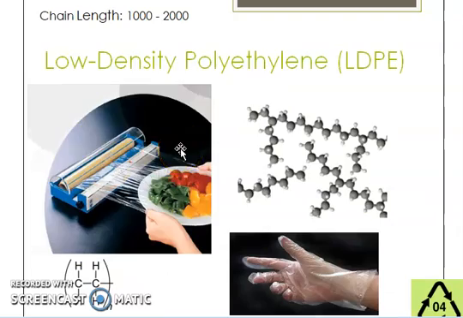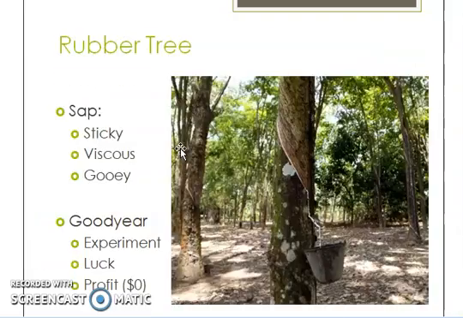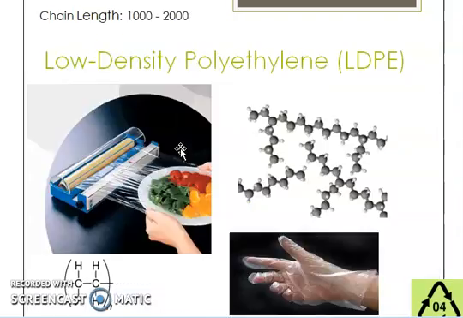Now we will discuss some types of polythene. We know polythene is a simple polymer. As shown in the examples, this is called low density polyethylene. It is an example of a polythene polymer, but its chain length here is 1000 to 2000 monomer units.